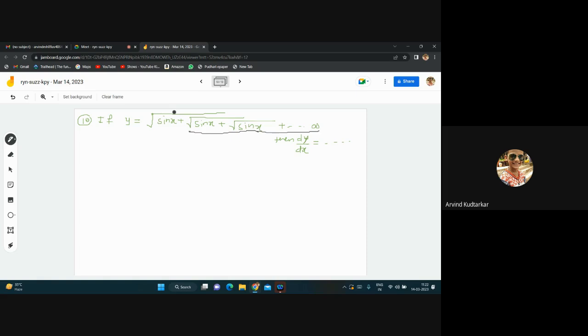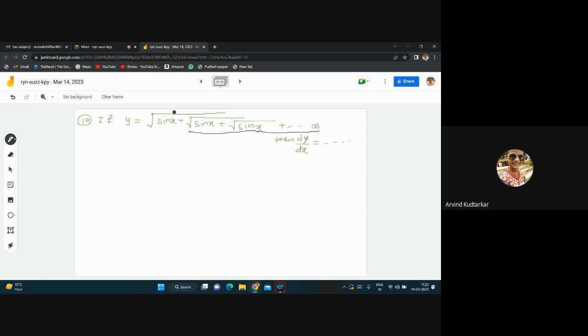And then we find the value of dy by dx. How do we get that value? Now differentiate both sides with respect to x. y is a function of x, and y is also a function of x. Instead of squaring, we can find the derivative directly.